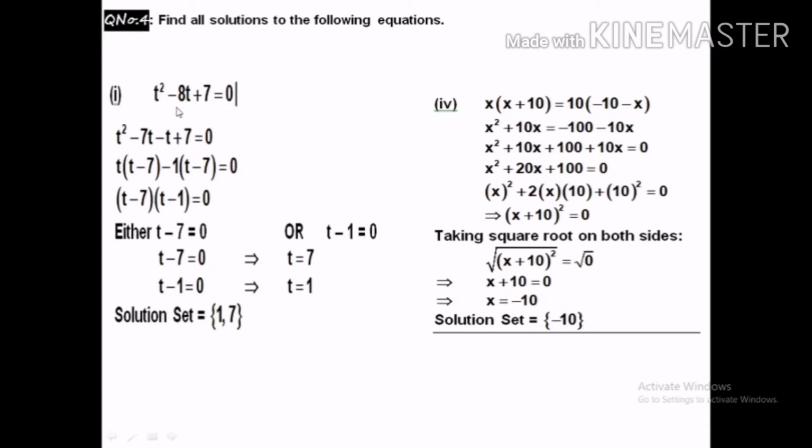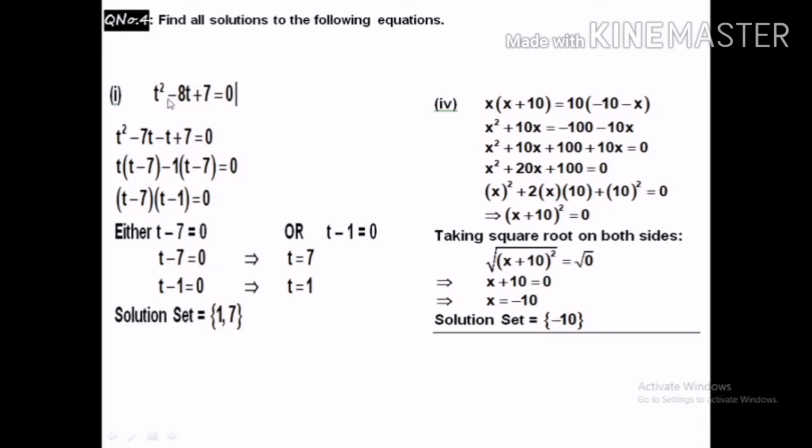First we try the simplest one. If factors are not possible, then we can do it by completing the square. If that is not possible, then definitely the quadratic formula is the only option, by which we can solve any type of quadratic equation.